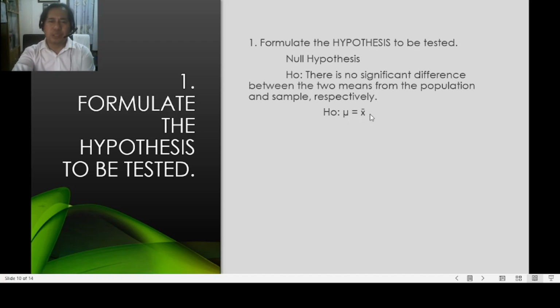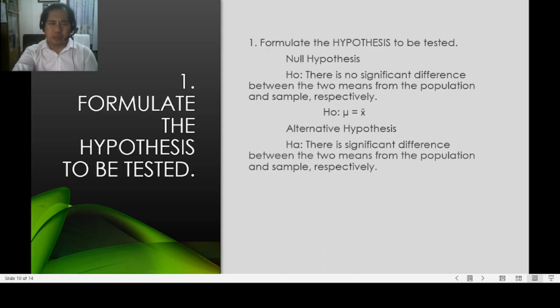Now another one is the alternative hypothesis. The alternative hypothesis says there is a significant difference between the two means from the population and sample respectively. When we put this into statistical notation, the alternative hypothesis states that the population mean is not equal to the sample mean.